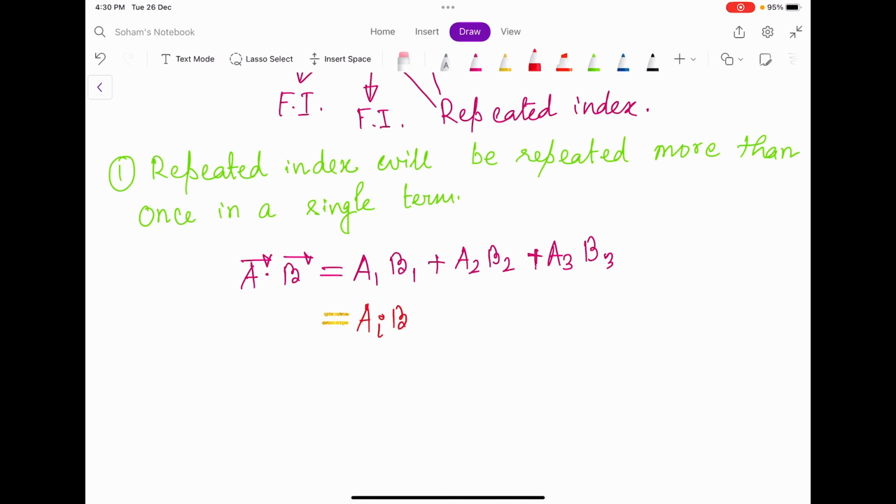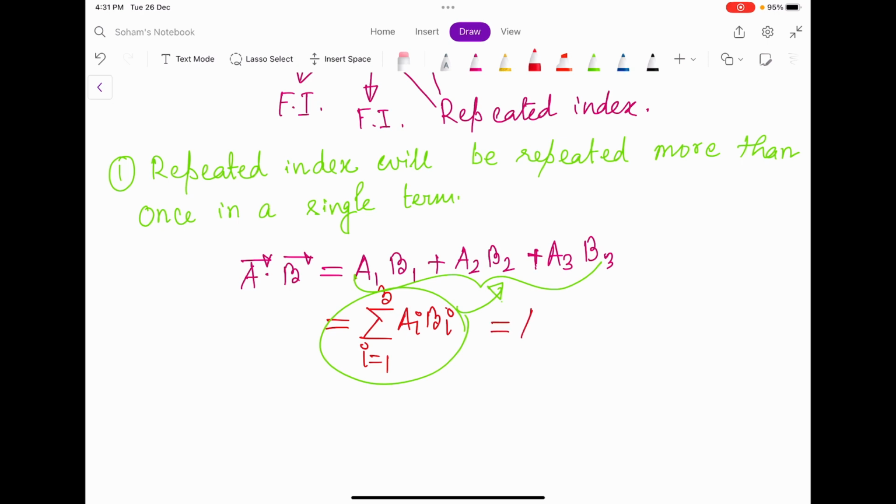ai bi. We are familiar with this notation, right? So now we are clear that this thing means this total thing. According to Einstein indices notation, this thing we will write as aibi.